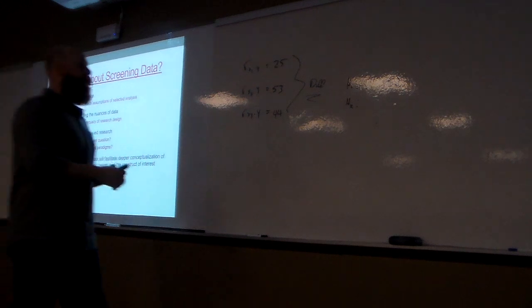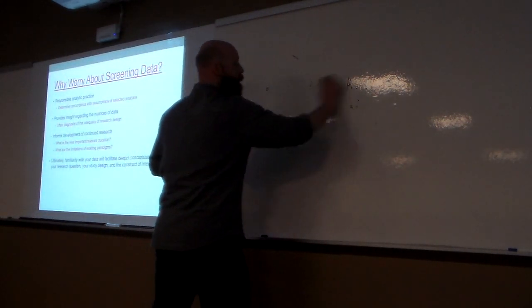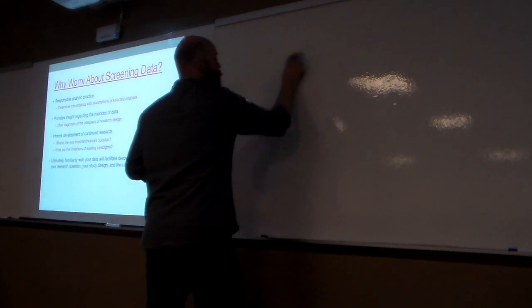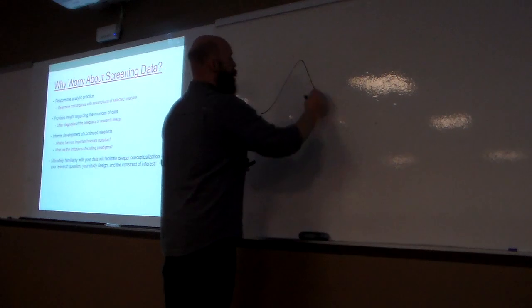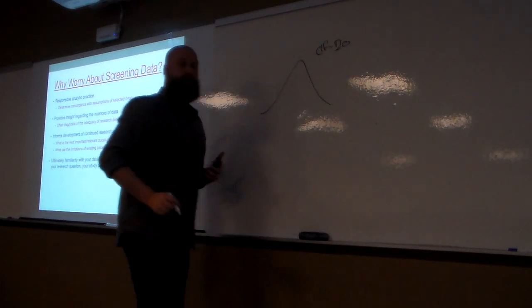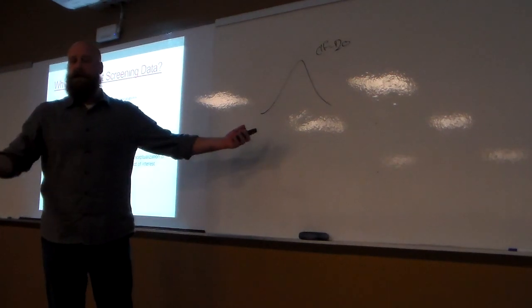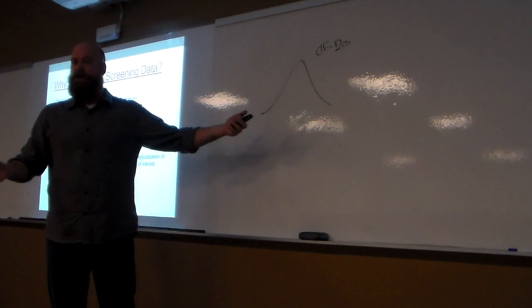If I violate my homogeneity of variance assumption of a t-test, remember that this is my t-test with degrees of freedom 20, right? I got 21 in one group, 21 in the other group.